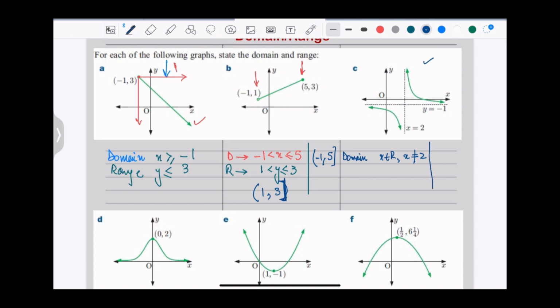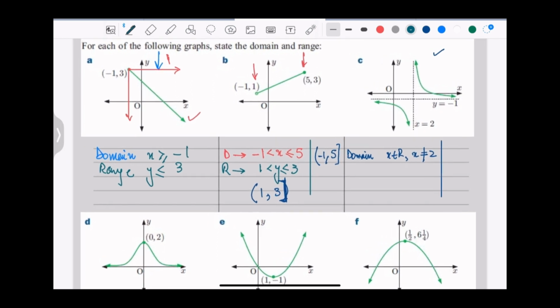And how do you write it in any other format? I'll write it down here. If you want to write it in any other format, it's going to be (-infinity, 2) union (2, infinity).